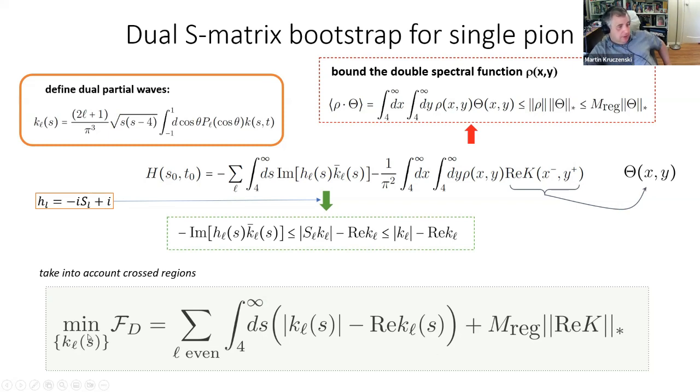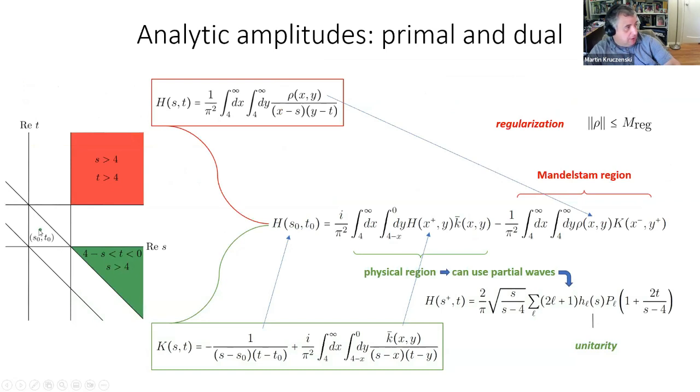The upshot of this is that if you take dual partial waves that don't satisfy any constraints, you just put them in this formula and try to find arbitrary functions here and minimize this integral. That will give you the maximum value that the amplitude can have at some unphysical point here in the ST plane.